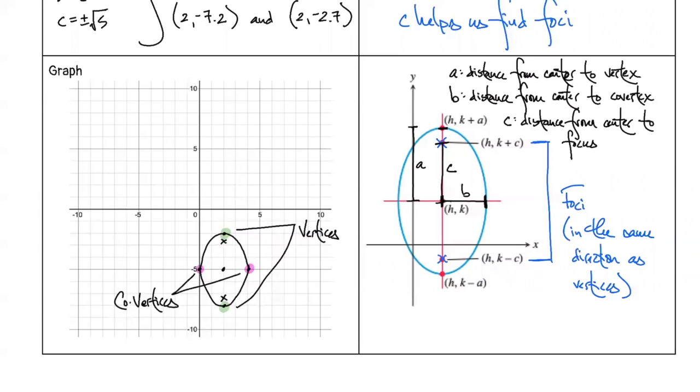Okay. And so we have a fully precise diagram here. It's got a center, it's got the vertices, the co-vertices, and the foci are marked and they're on the same axis. In fact, we call that the major axis with the vertices.